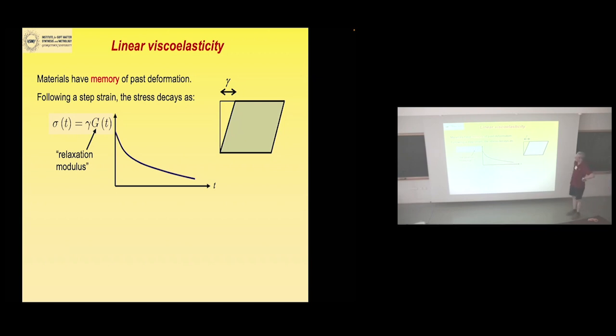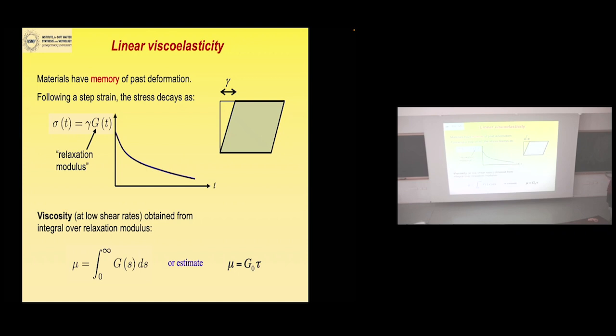So viscoelasticity is where we say the stress has a modulus multiplied by a strain, and that modulus, as Maxwell told us, can have a time dependence which can fade away after you apply a strain. From this modulus, we can determine a viscosity, which is essentially, if I integrate the time dependence of that modulus over time, the integral has units of a modulus times a time, which is a viscosity.